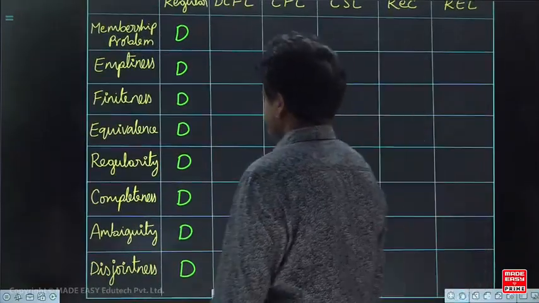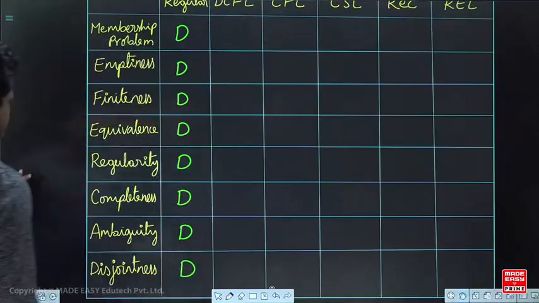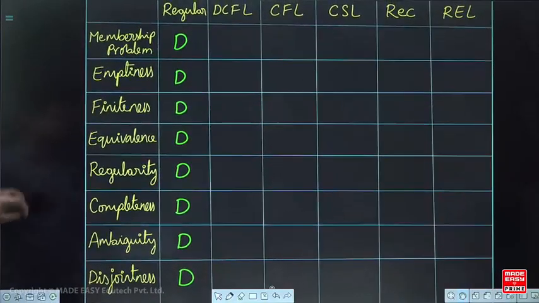Okay, all problems are decidable under regular language. So I will explain what these problems are and how to use these problems. Okay.